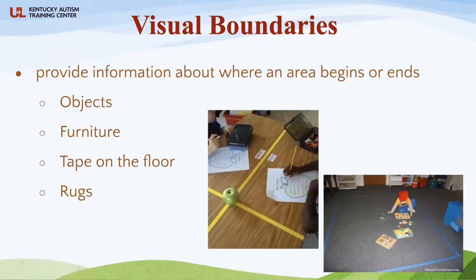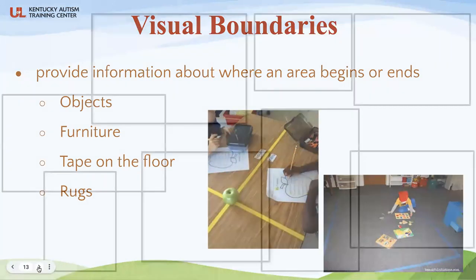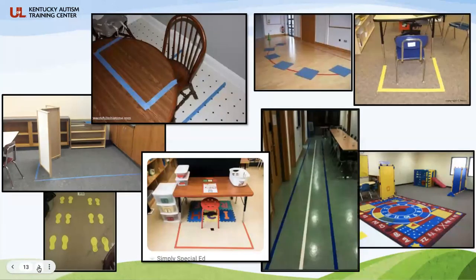That could be used by this. In this example, it's a tape, but you can also use furniture. You can use a rug. So anything that really makes clear boundaries of what it represents, of being able to access it or not access it, where to do certain things. Again, you're going to need to teach this to your children, and that's where the reinforcement comes in, but we'll get to that in a little bit.